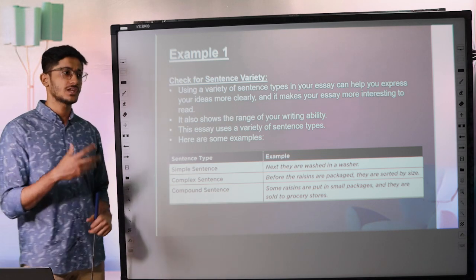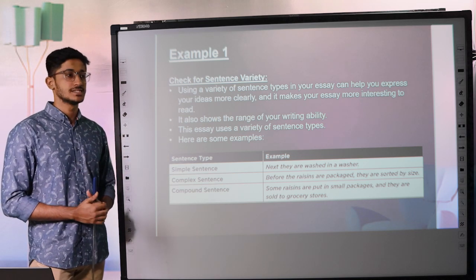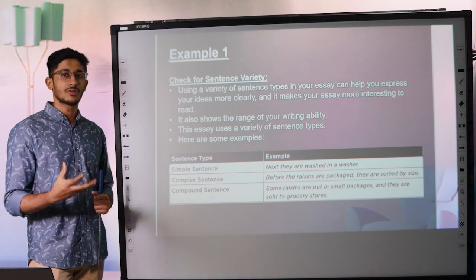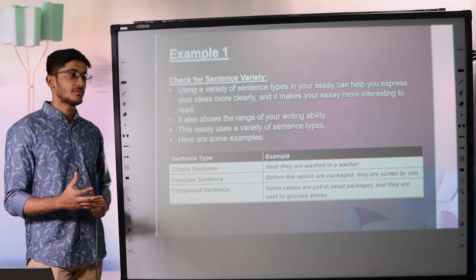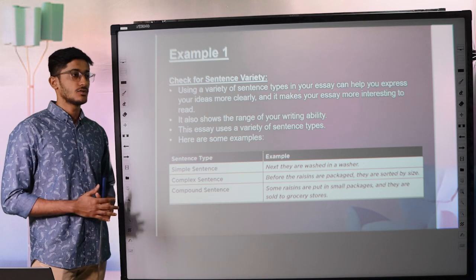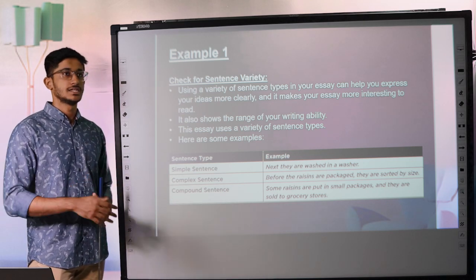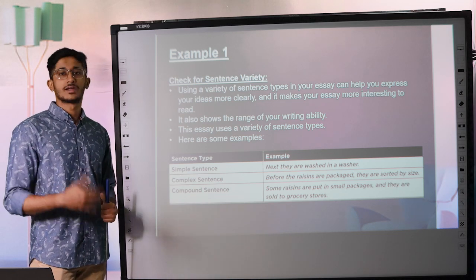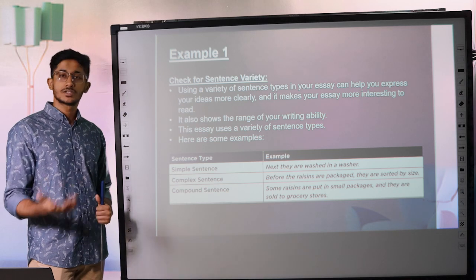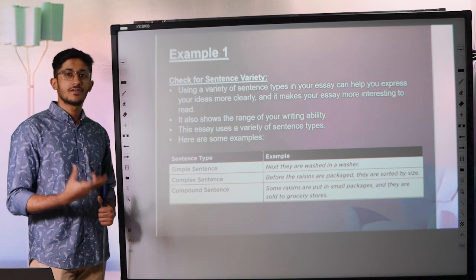One thing that is very important when writing your Task 1 is that you should try to make your writing more interesting. For example, if you write that first the grapes are picked from the vines, then they are sent to the processing plant, then they are washed, then they are cleaned, then they are sorted by size, this makes the essay very monotonous.